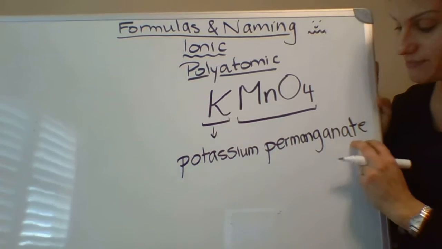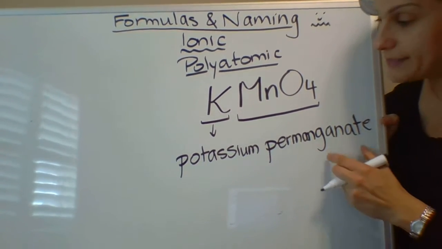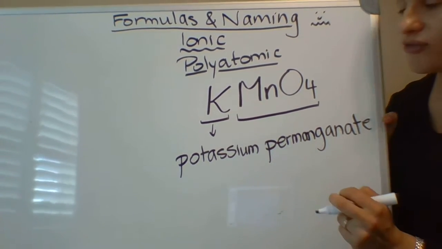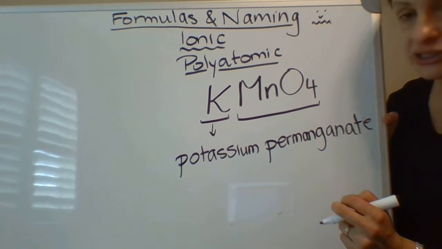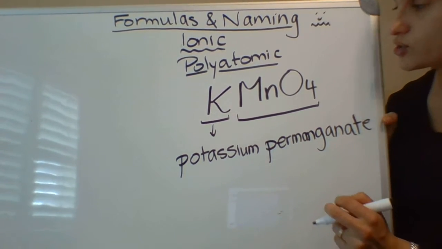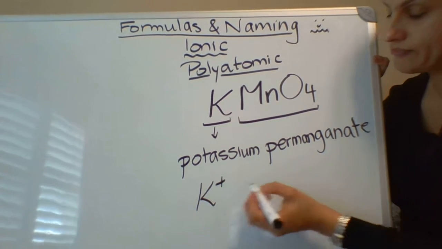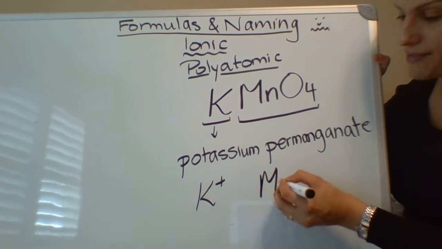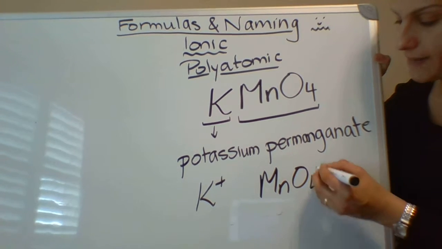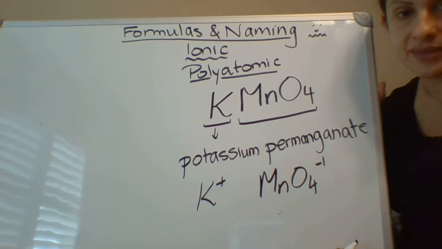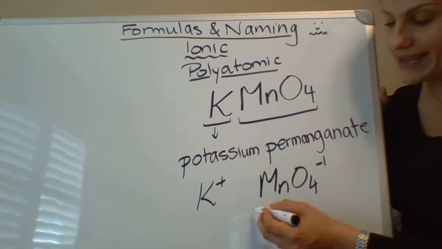Since that's the name, you don't put the "-ide". I'm telling you that MnO4 is called permanganate. So really, this is potassium, which is K+, and permanganate is MnO4 minus 1. This is called permanganate.